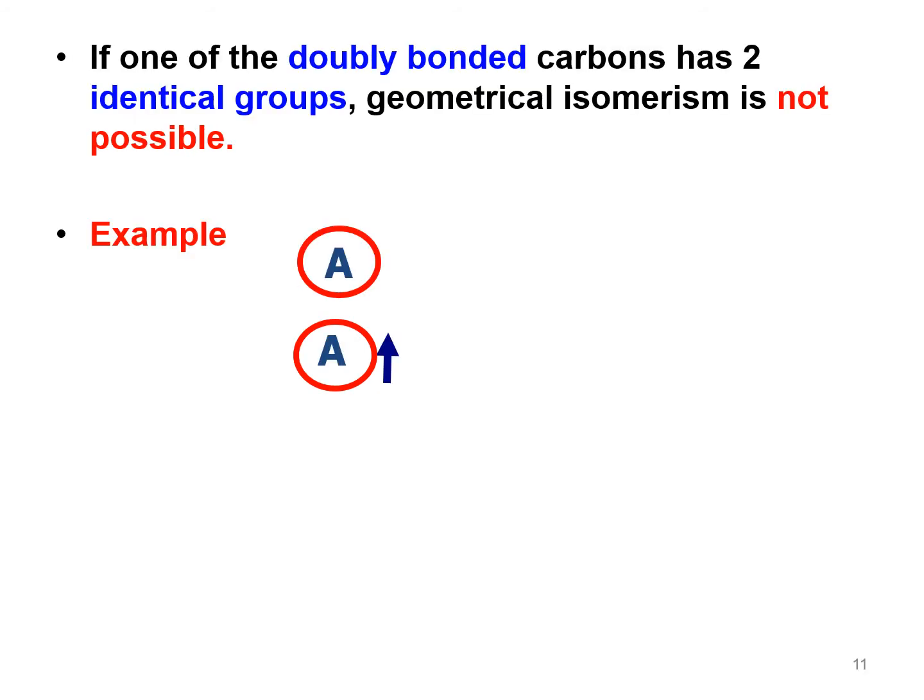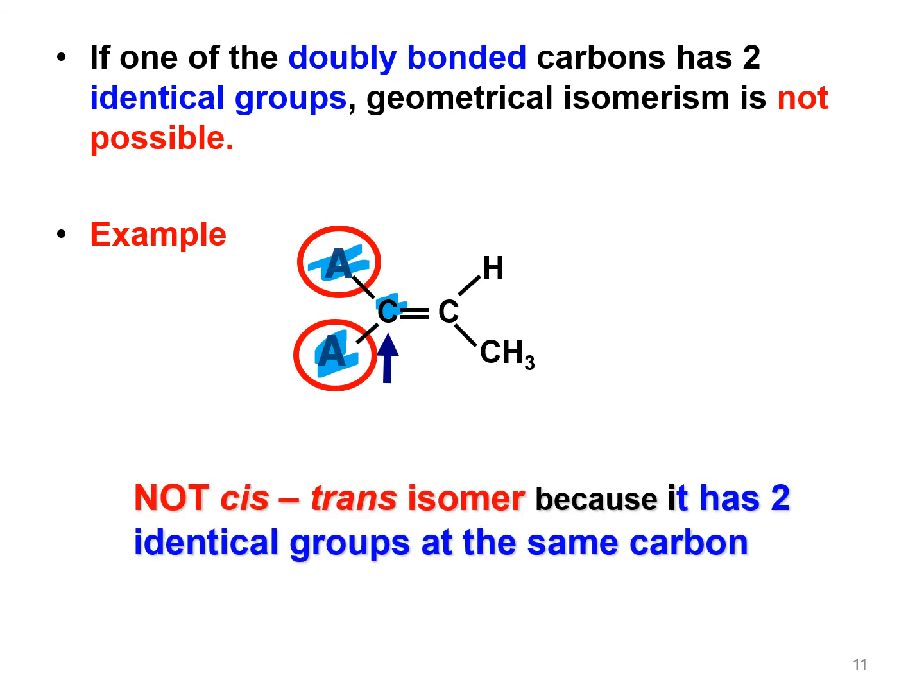If one of the doubly bonded carbon has two identical groups, geometrical isomerism is not possible. So we have two identical groups on the same carbon. So cannot be cis-trans isomer.